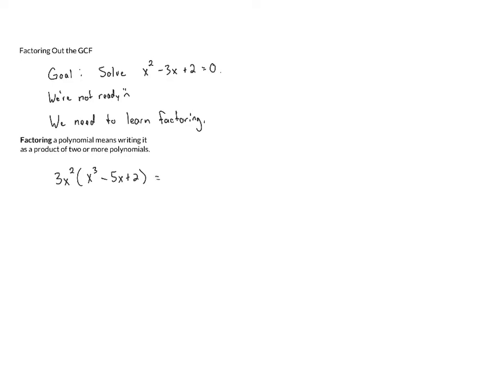When we distribute, 3x squared times x cubed is 3x to the 5th. Then we have minus 3x squared times 5x is 15x cubed. And then plus 3x squared times 2 gives us 6x squared.